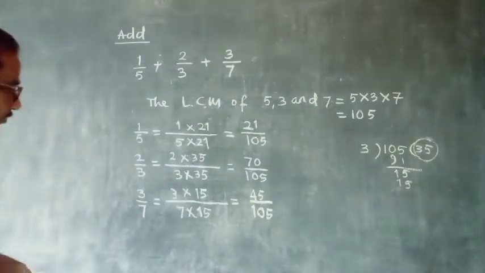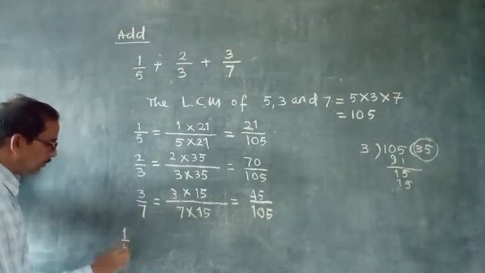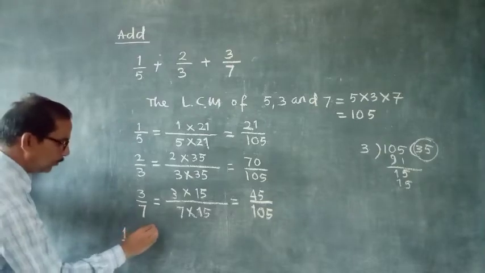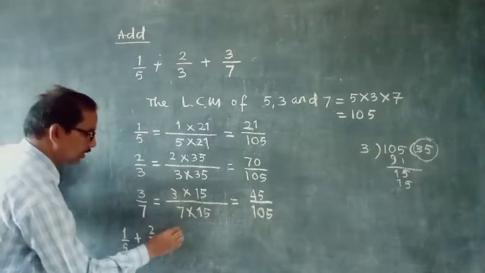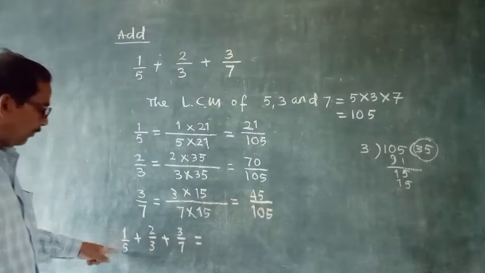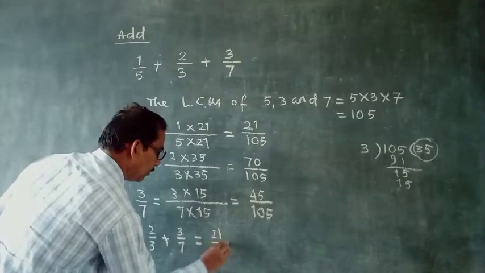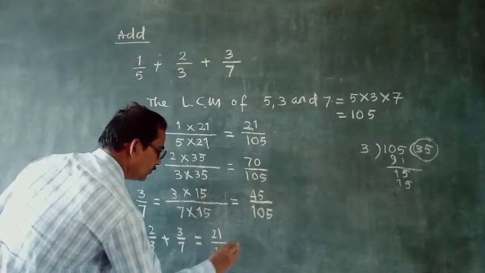See, it is 1 upon 5 plus 2 upon 3 plus 3 upon 7, then is equal to, for 1/5 you can write 21 upon 105.